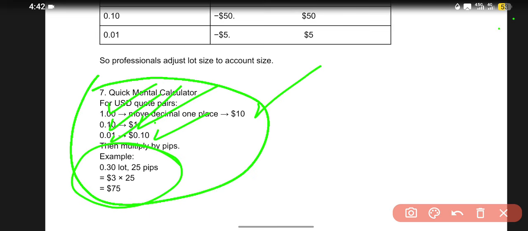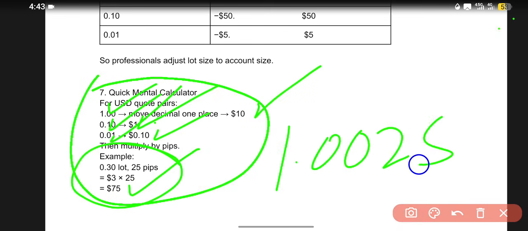So if you are using 0.3 lots, that means that per every pip movement you are making $3. So for 25 pips you are making $75. 25 pips means 25 increments in price. You are making $75.